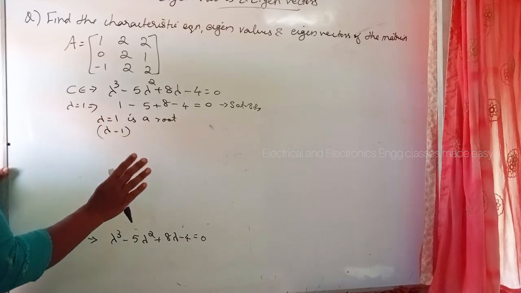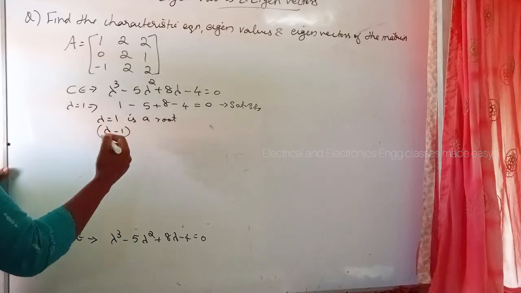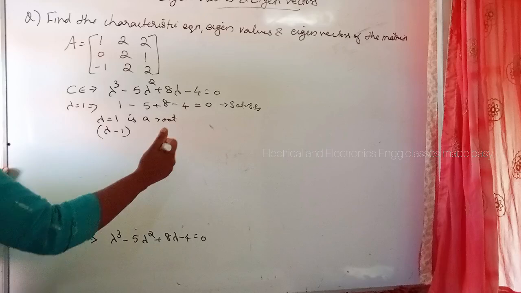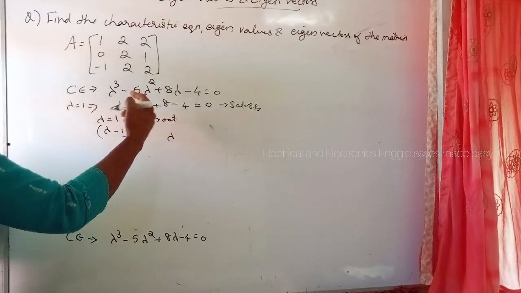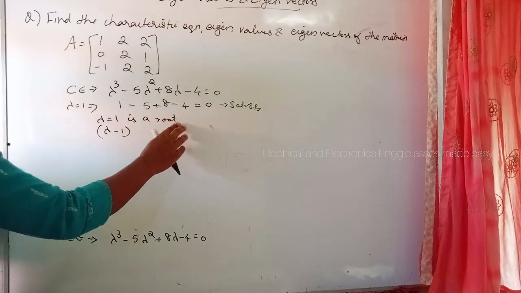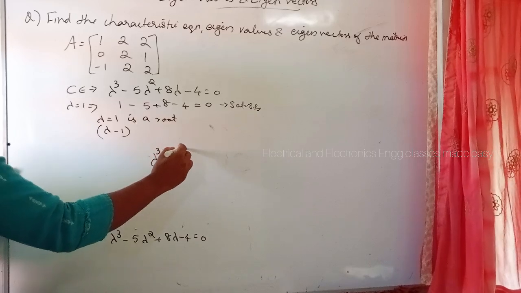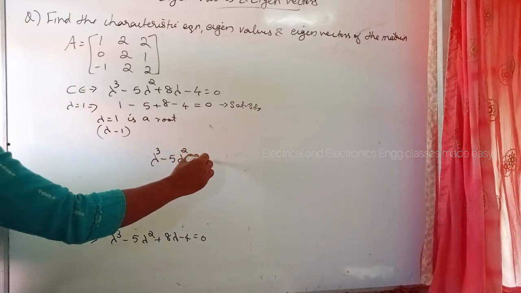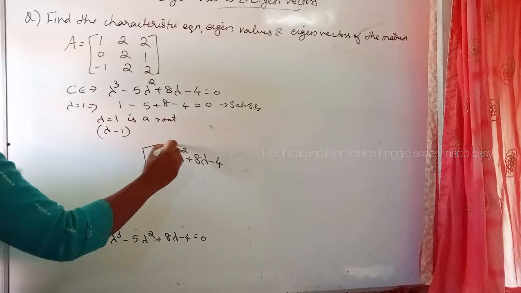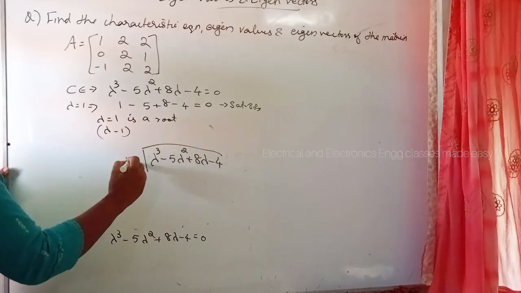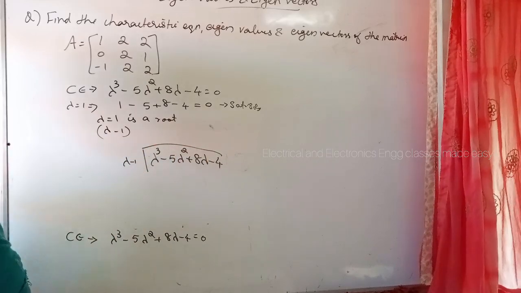Now we can find the remaining 2 roots. How will you find them? We can divide this one, that is lambda cube minus 5 lambda square plus 8 lambda minus 4, divided by this factor lambda minus 1.